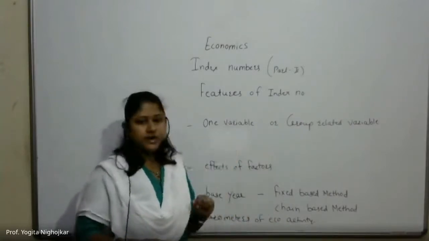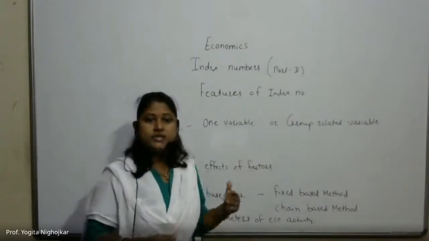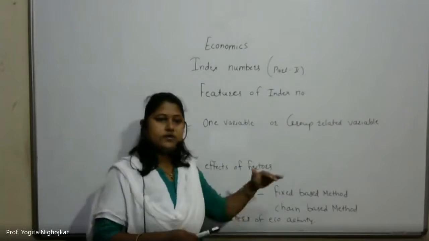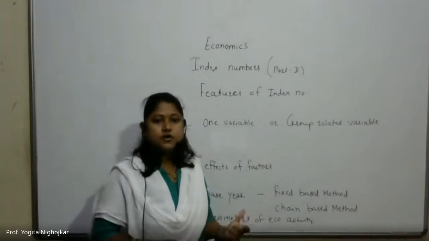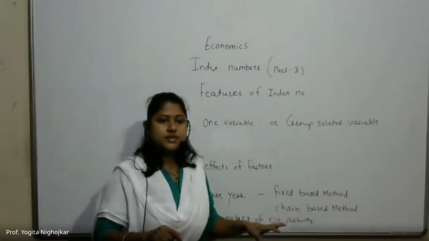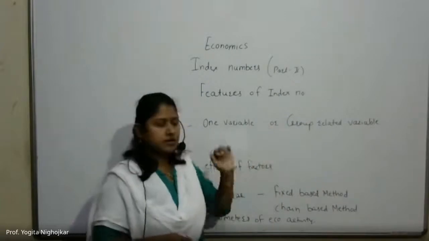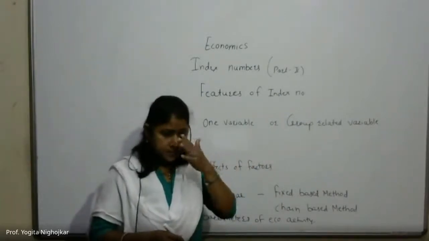The technique of index numbers is used to measure the relative changes in the level of a phenomenon where the measurement of absolute change is not possible and the series are expressed in different types of units. That is the first feature of index numbers.